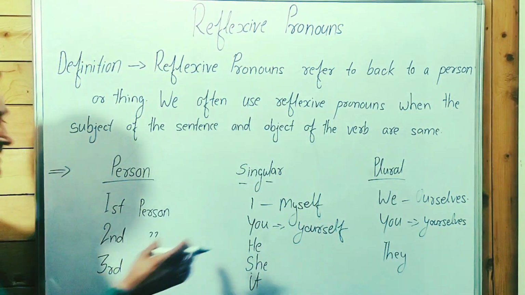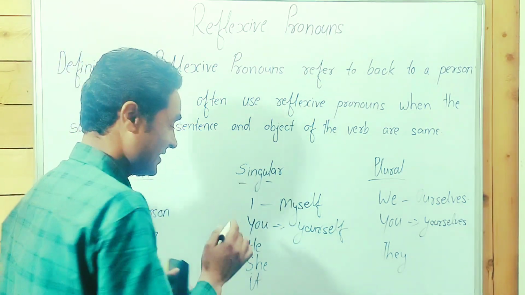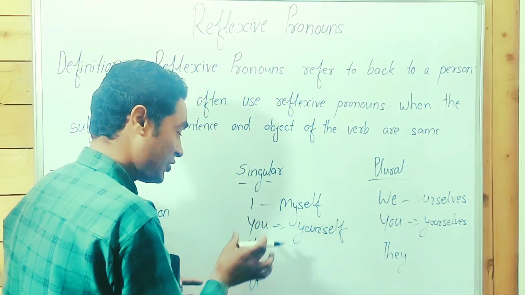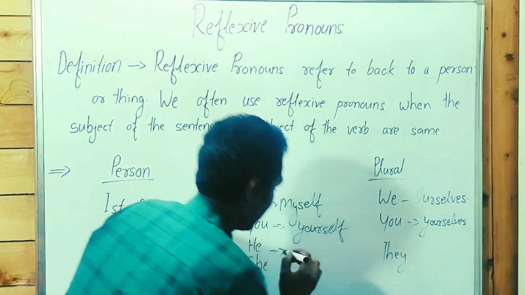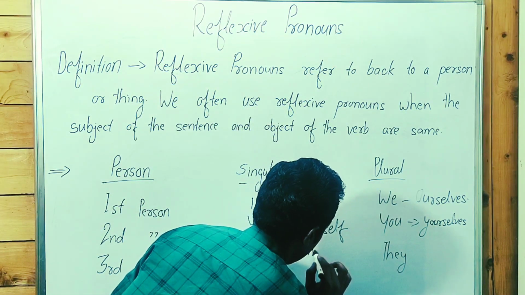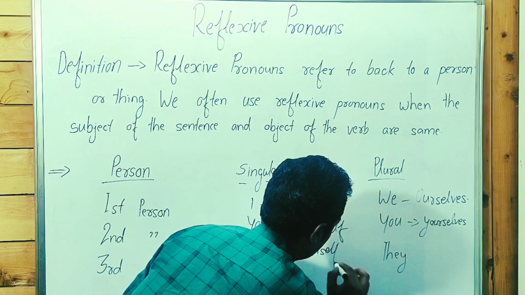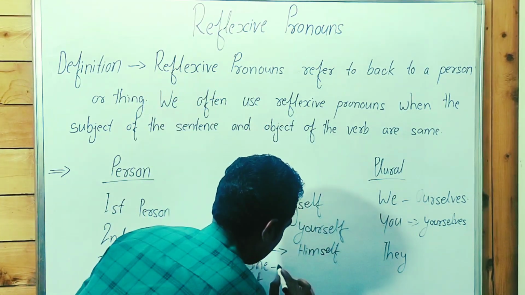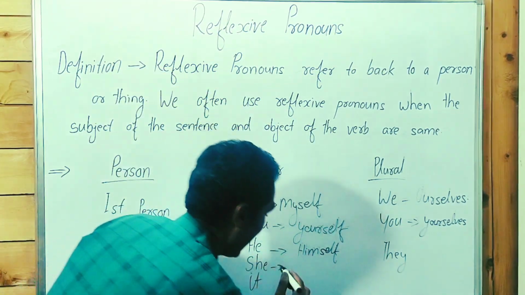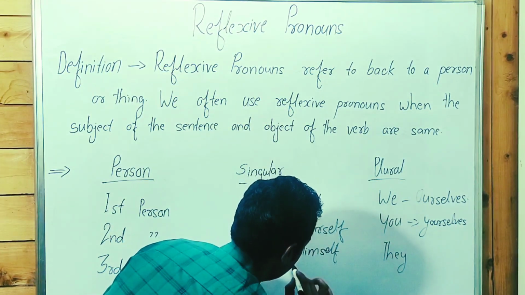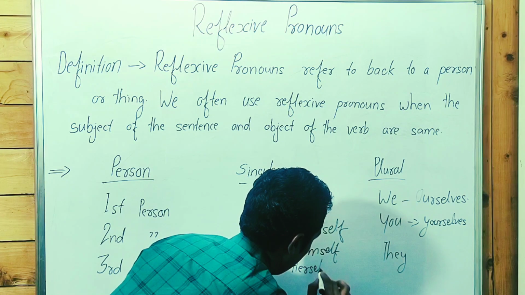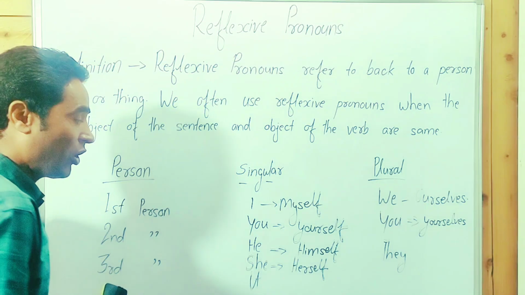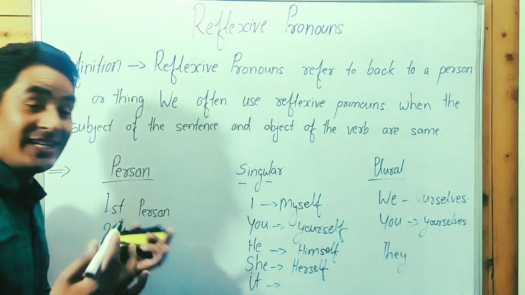When we talk about he, subjective case and singular, its reflexive form is himself. She, subjective case, and reflexive case, herself. And when we talk about it, itself.